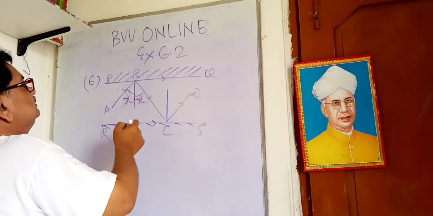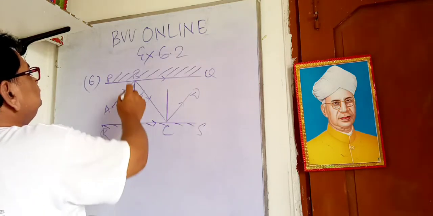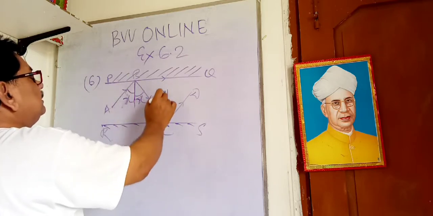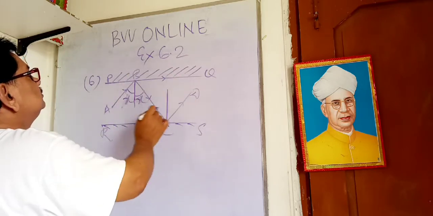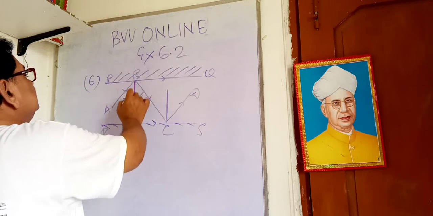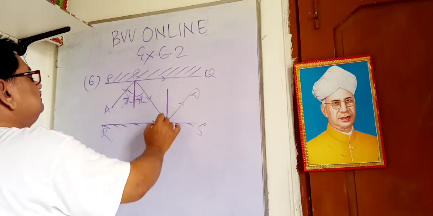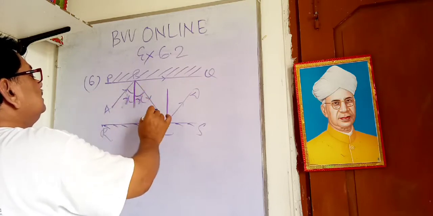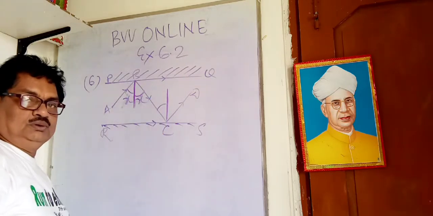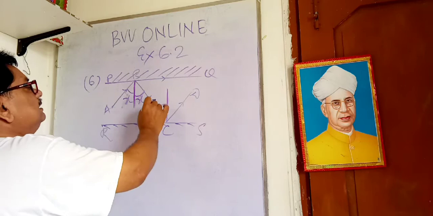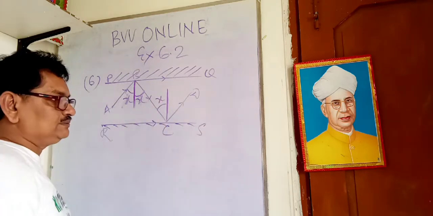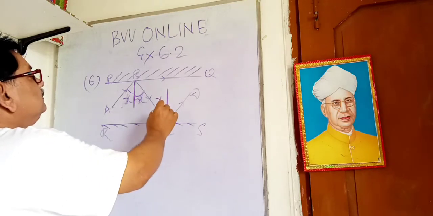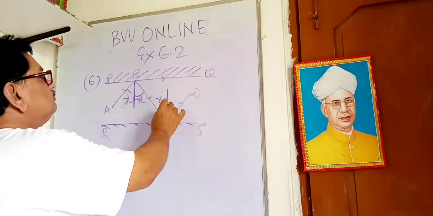So once again, see what will happen. This and this are perpendiculars on the parallel lines. So certainly this line and this line will also be parallel, and in this case this angle should be equal to this alternate angle. I also name it x, and once again by the rules of I and R, this angle should also be equal to x.